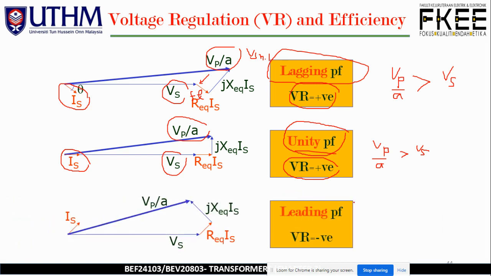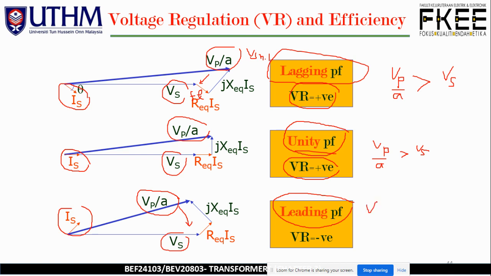Somehow, if you refer to the leading power factor phasor diagram, now Is is leading Vs, or it is now located above Vs, with a shorter Vp over A compared to Vs in terms of its magnitude.